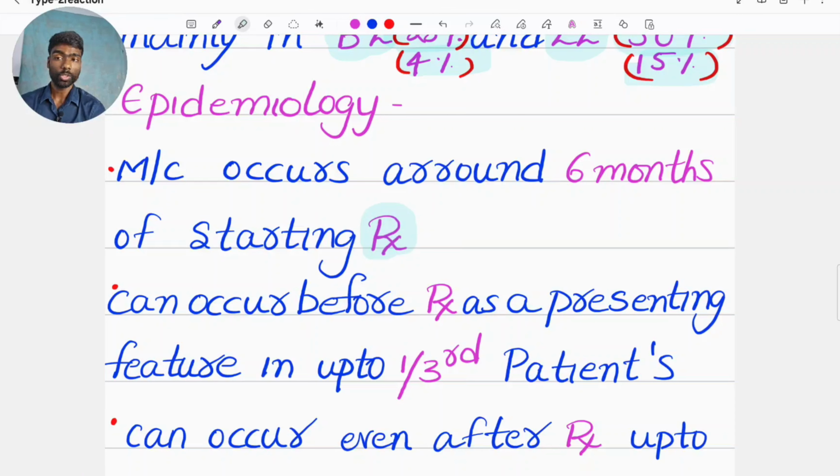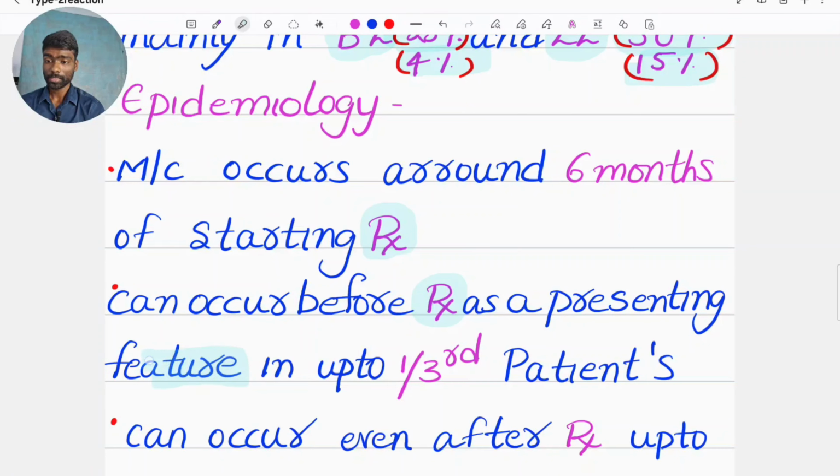In my previous video, I already explained that reactions can occur during treatment, before treatment, or after treatment. Why? Even after treatment, dead bacilli remain in the body for years until they are eliminated. It can occur before treatment as a presenting feature.